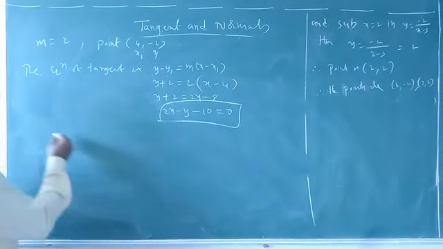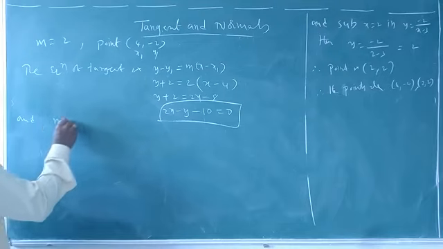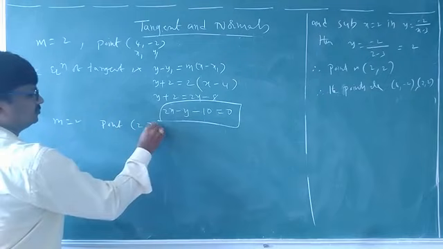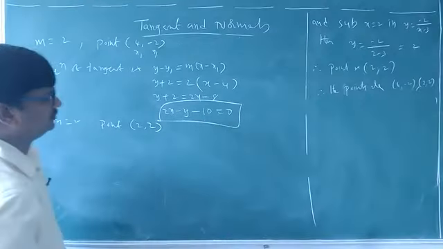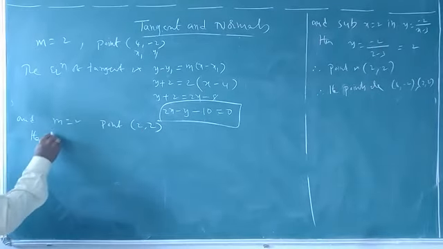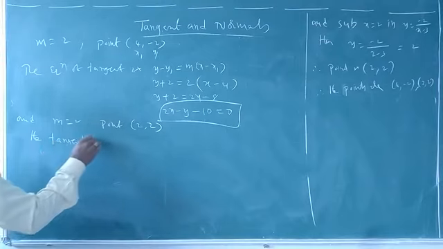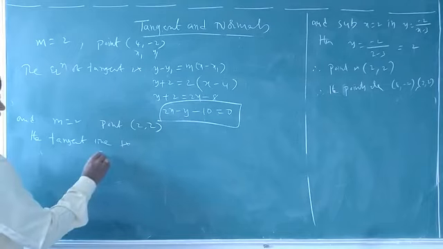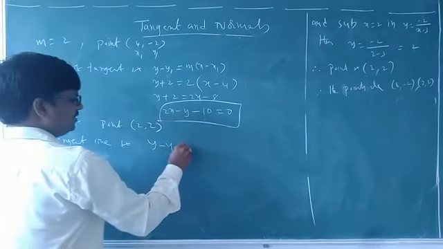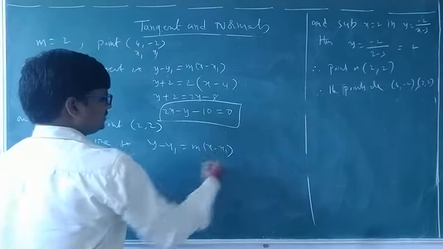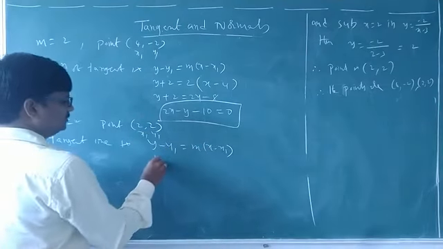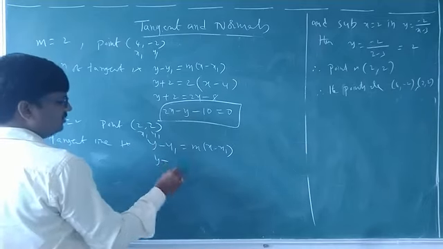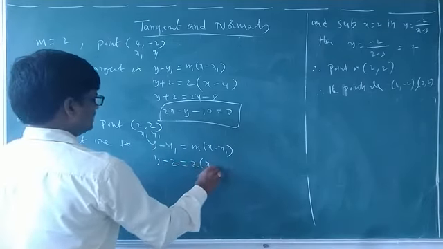And one more line is there, with m equal to 2 and point (2, 2). Yes, the tangent line is, what is the formula? y minus y1 is equal to m into (x minus x1), where (x1, y1) is the point. So y1 means 2, m means 2, x minus 2.